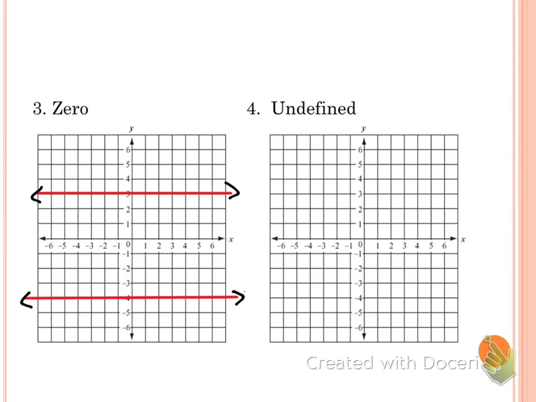We have seen completely horizontal lines before. We had to graph them. Does anyone remember when we graphed horizontal lines? What did the equations look like when we graphed horizontal lines? Ellie? We could have a 0 involved. It was usually y equals a number.